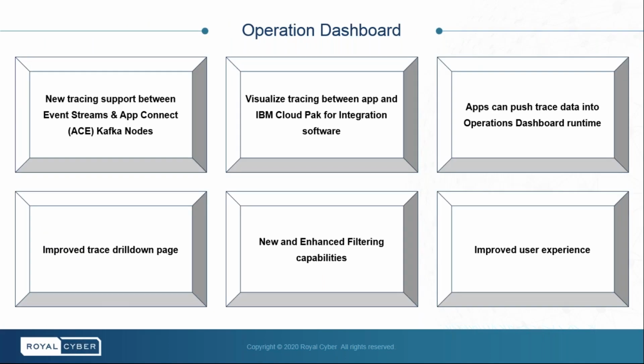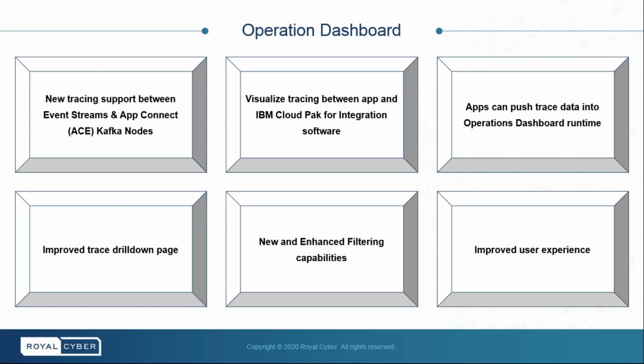Now let's discuss the new tracing features which are available in Operation Dashboard. It has an improved trace drill down page, and it has a reworked trace drill down page user experience, and it also shows the call level of each span, and it has a collapsible and expandable trace call tree, and it shows suggested filters which have recently and mostly used values.